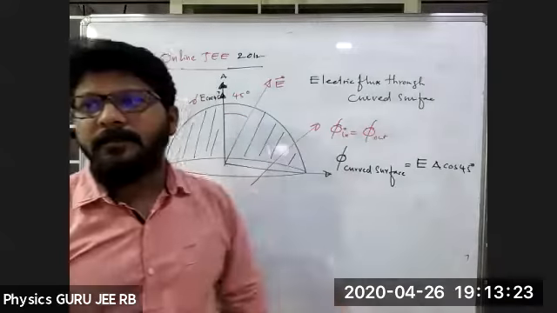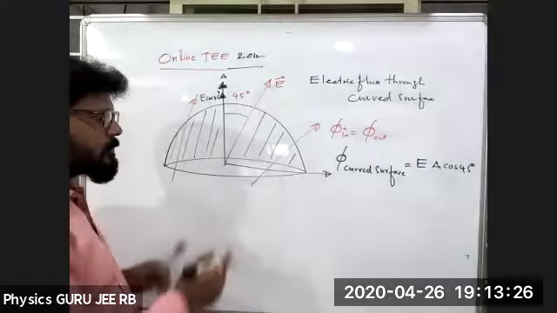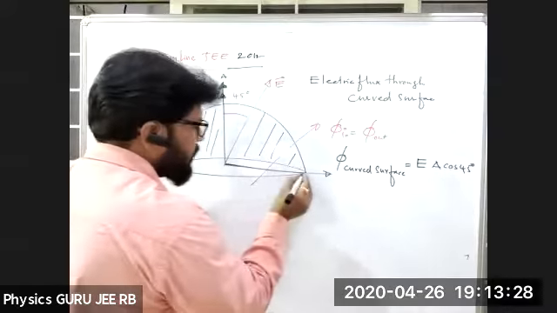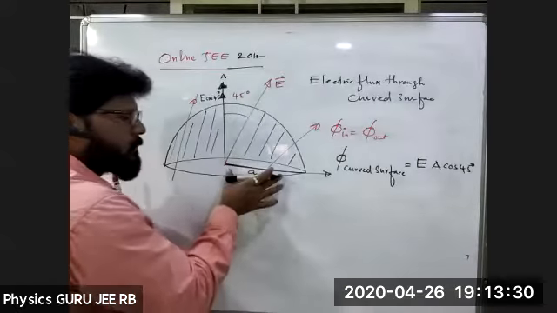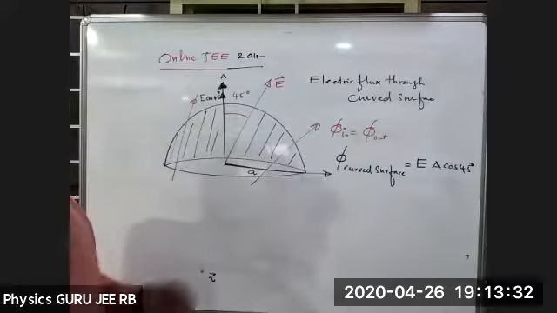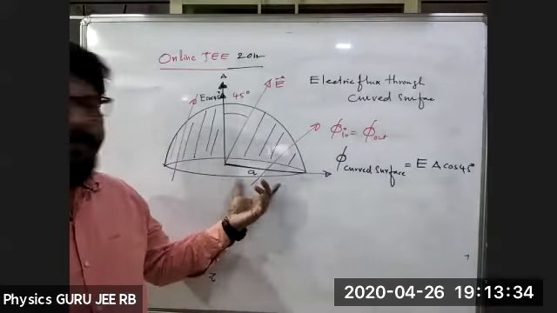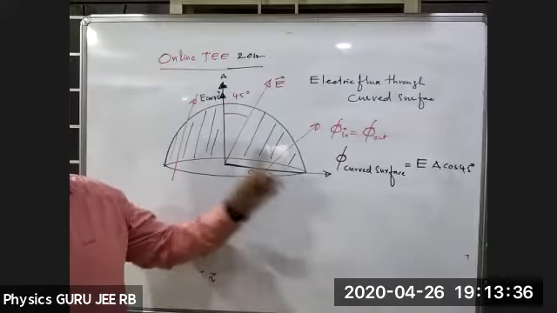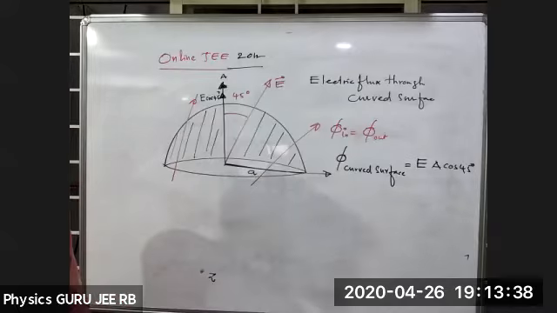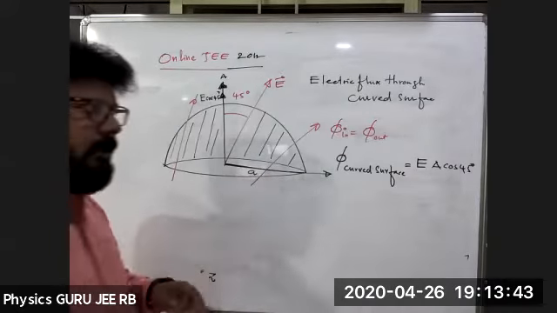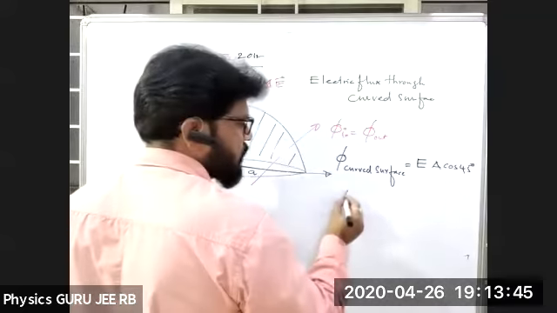He has already given the radius as A. Now we want the area of this surface. So can you tell me what is the surface area of this one? Area can be written as pi A square, right?